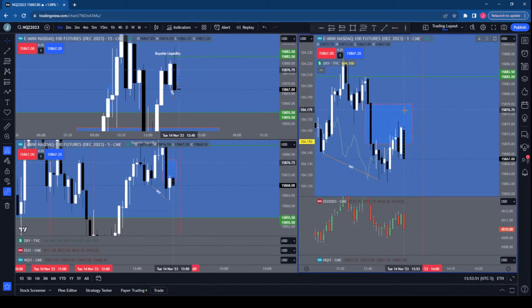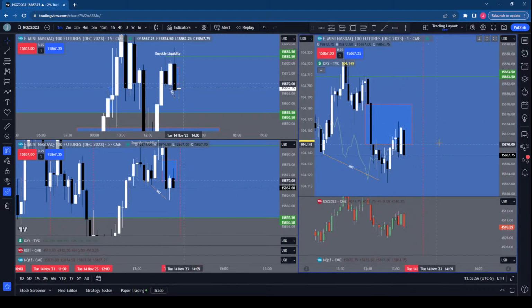But we're not really able to get above the consequent encroachment of this fair value gap.